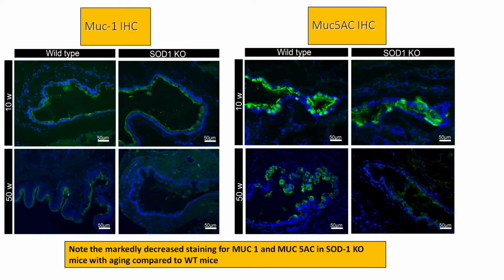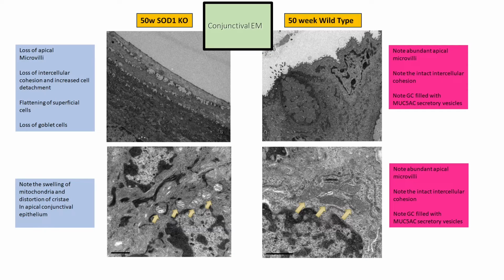The immunohistochemistry results were substantiated with real-time RT-PCR results as well. Now, ultrastructurally, the conjunctival epithelium in the aging model mouse showed loss of microvilli, weakening or loss of intercellular cohesion, increased cell detachment, and loss of goblet cells in contrast to the abundant microvilli and plump goblet cells filled with mucin 5AC packets in the wild-type mice.